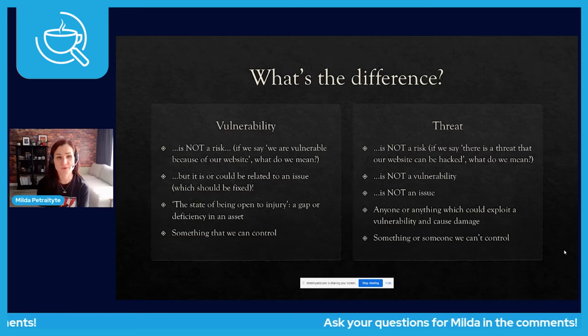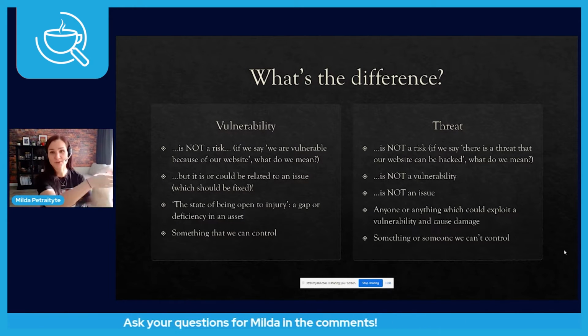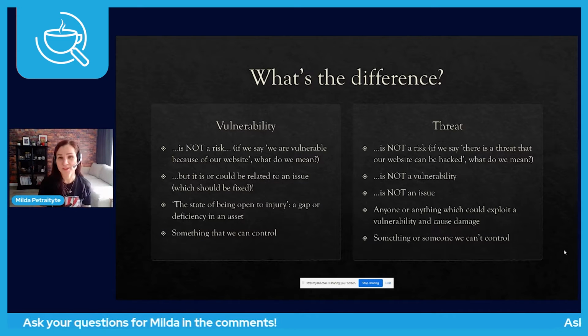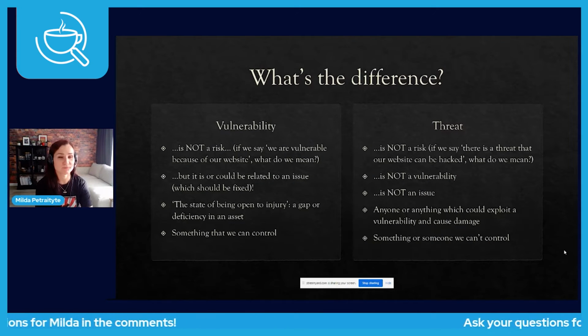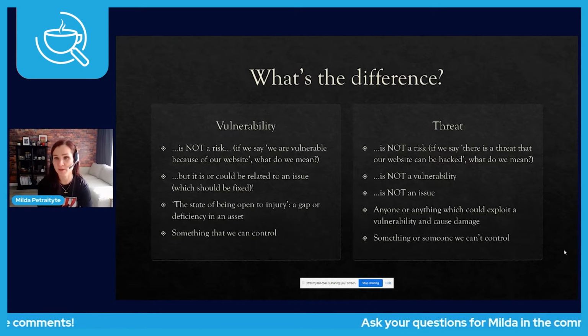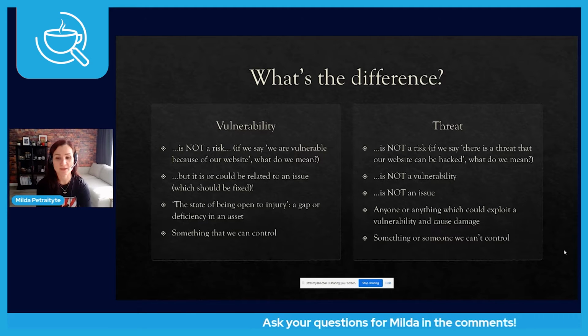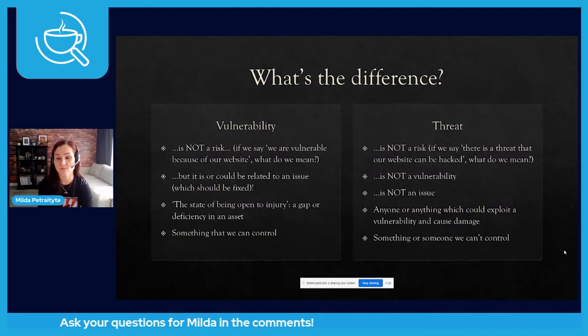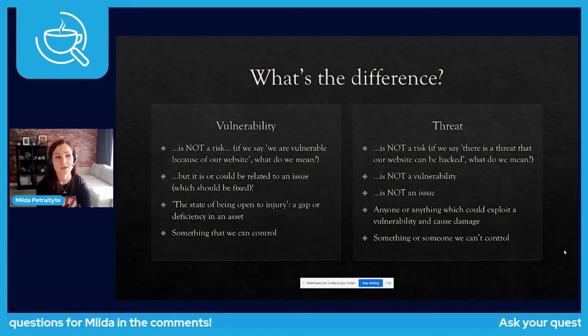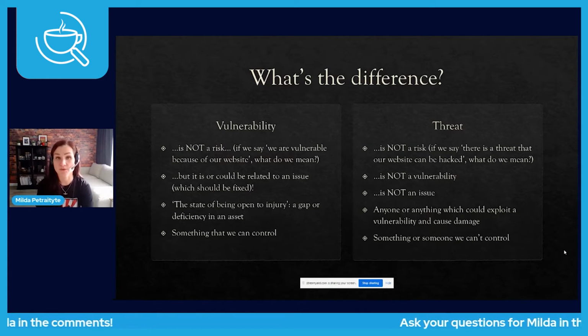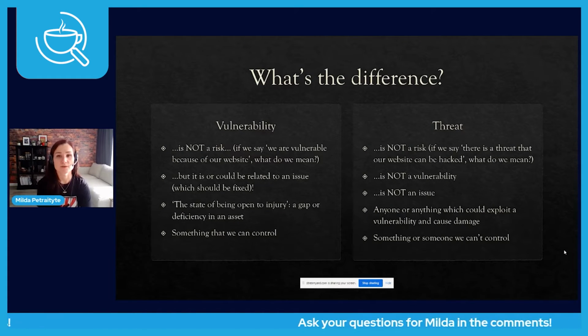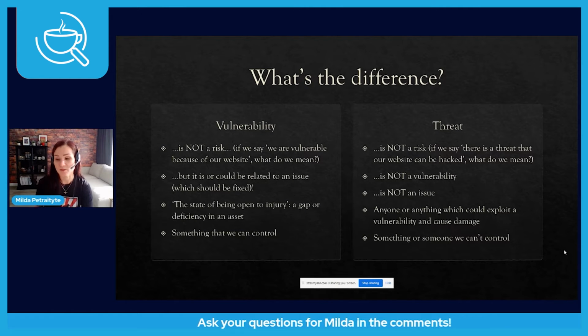Typically a threat is something that we won't be able to control, simply because we can't control APTs, we can't control natural disasters, we can't really deal with external factors, as opposed to how much we want to fix a vulnerability. So this is the difference between the two of them.